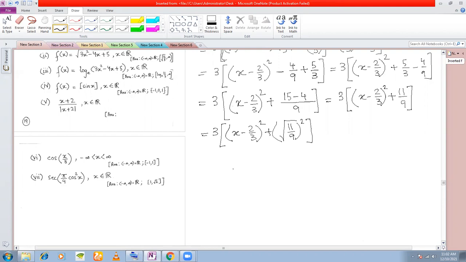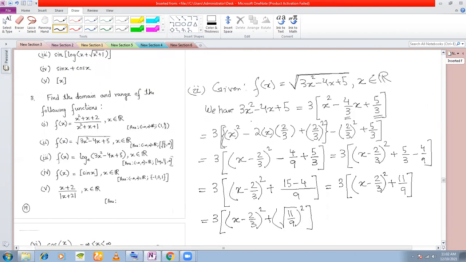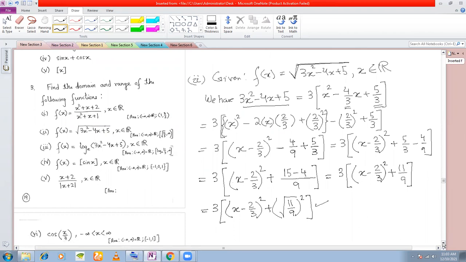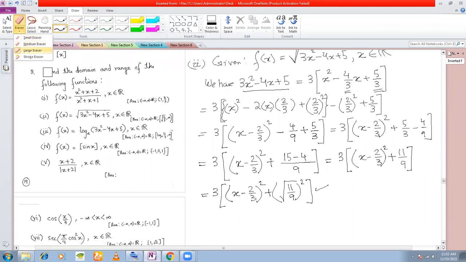So what have I done? I have expressed this expression as a sum of two squares, right? And can the sum of two square numbers ever be negative?